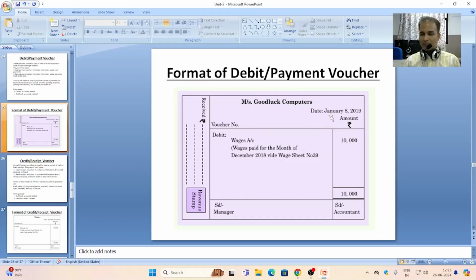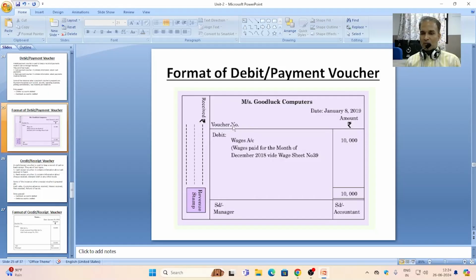Date is here, name of firm is here, receiver's signature should be here. If the amount of expenses paid in cash is exceeding rupees 5,000, then a revenue stamp of rupee 1 should be pasted here.